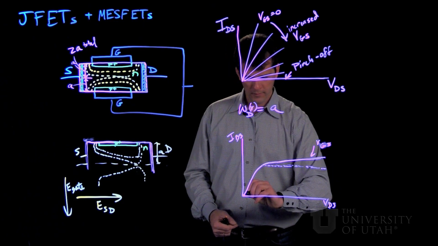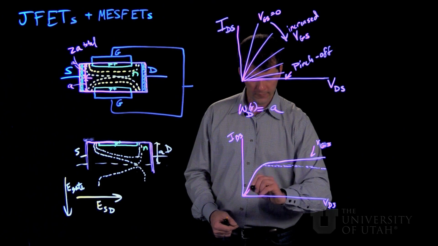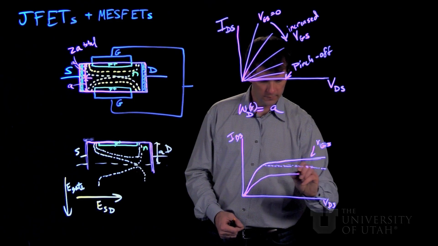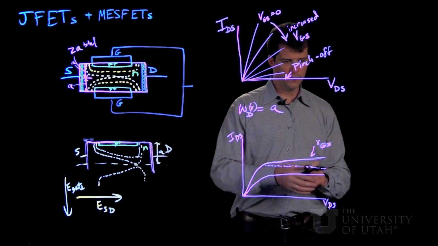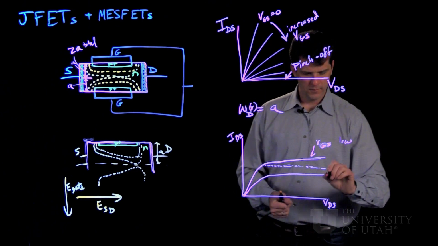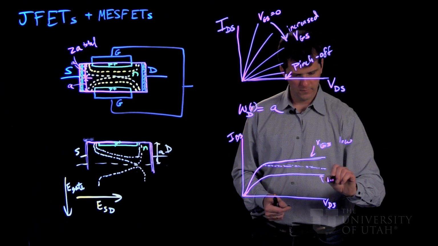So if we add more and more gate-source voltage, we would get curves that would go down like this. So this would be for low, and this would be for high.